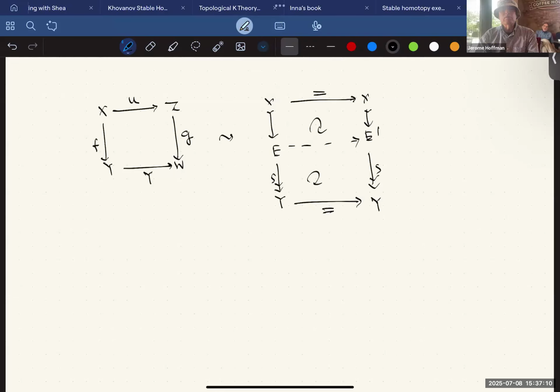Yes, there may be many. If you think of exact sequences, you can have a map of exact sequences for which you have an arrow on the kernel and the cokernel, but there are many arrows in between. So when you assert the existence of a map from E to E prime, you're not claiming it's unique. That would be a very strong axiom, which I think is too strong.